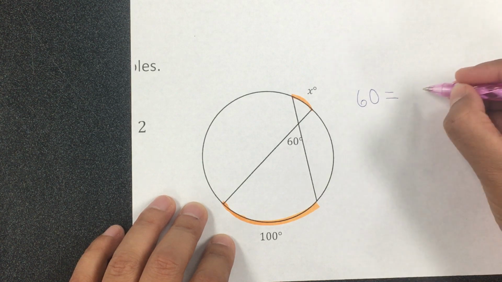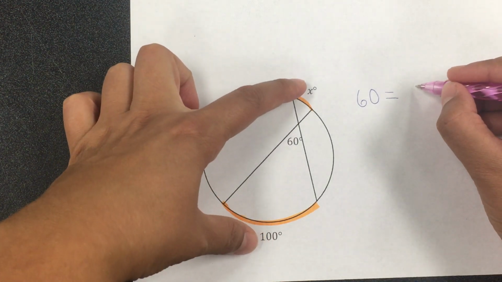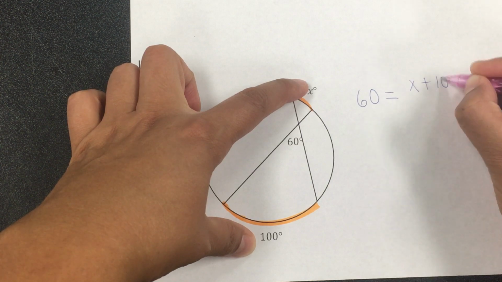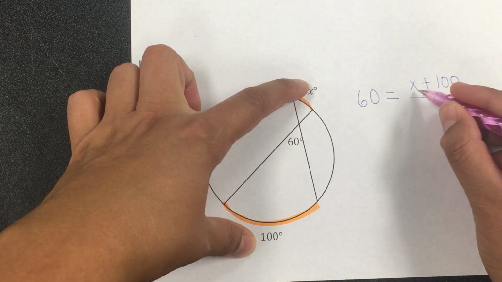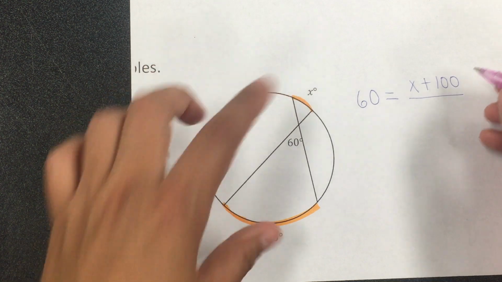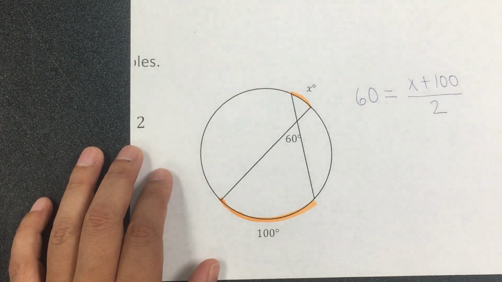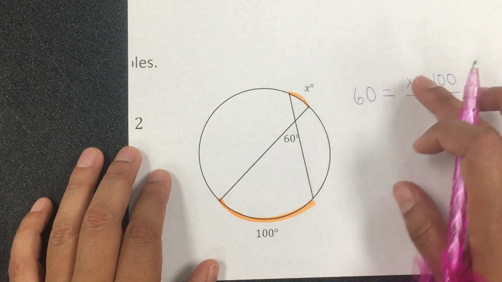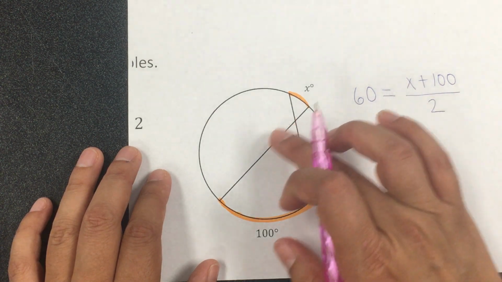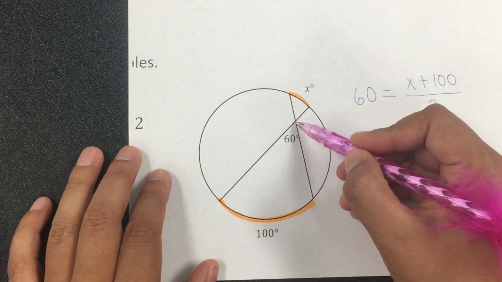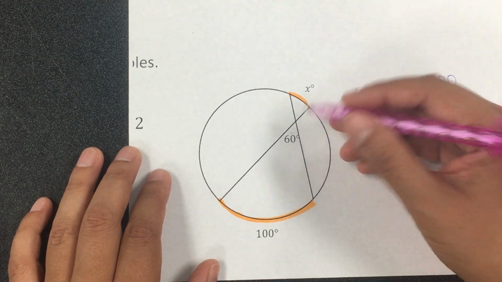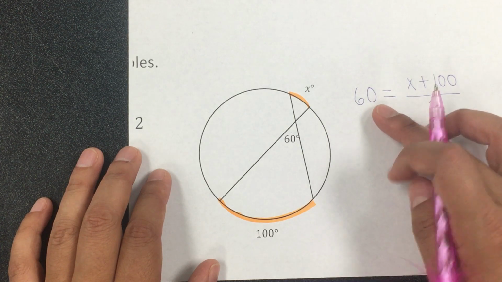Is equal to, these need to be added and divided by 2. So x plus 100, it doesn't matter which one you put, 100 and x or x and 100, okay? Divided by 2. The reason we're putting this one in here and not here is because that's the inside angle, okay? When this has x, that's where we put x in here.